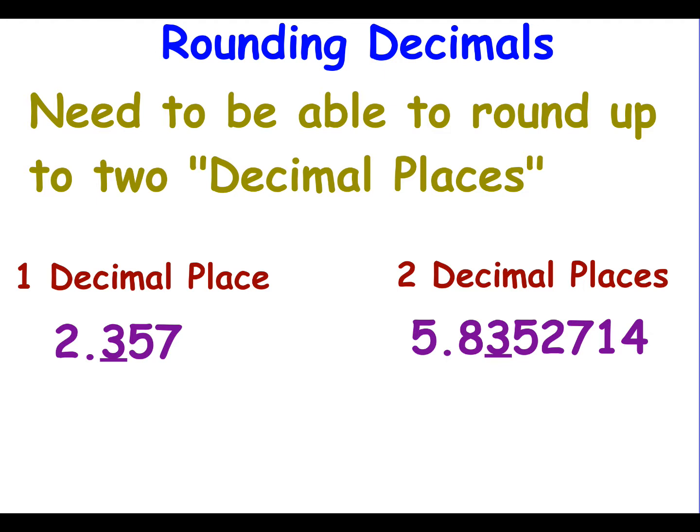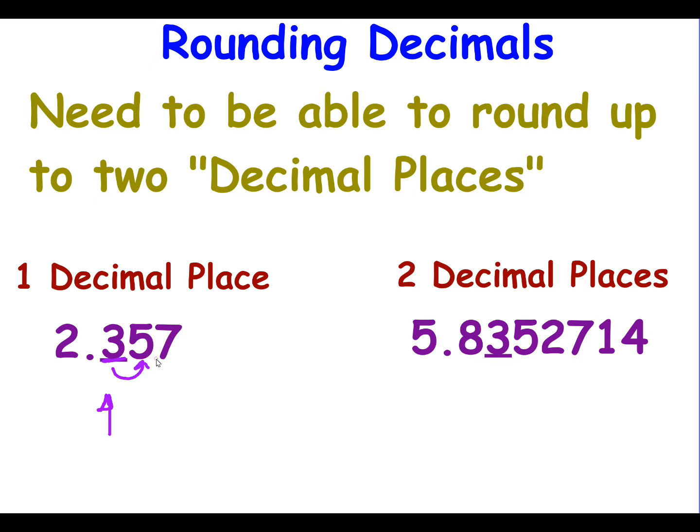When a question asks you to round to 1 decimal place, all you need to do is go to that first decimal place. So rounding to 1 decimal place means go to your first decimal place, which is the 3 here. Now, in order to round to 1 decimal place, the skill is exactly the same as rounding for whole numbers.